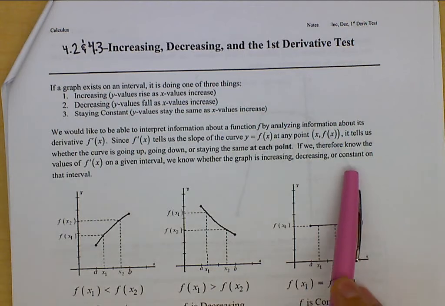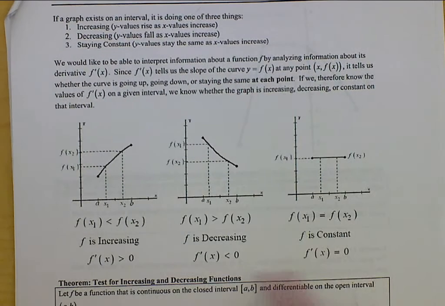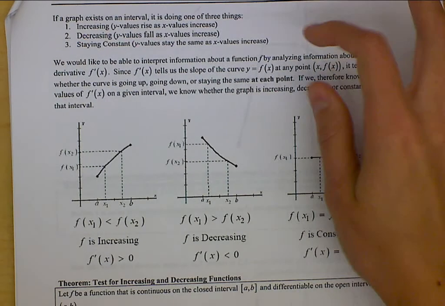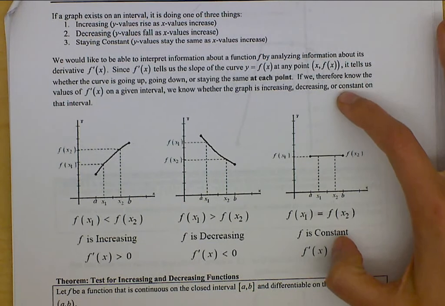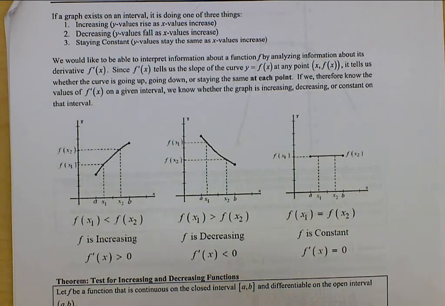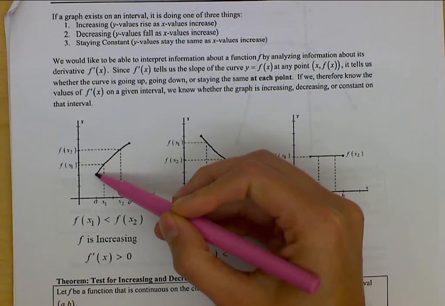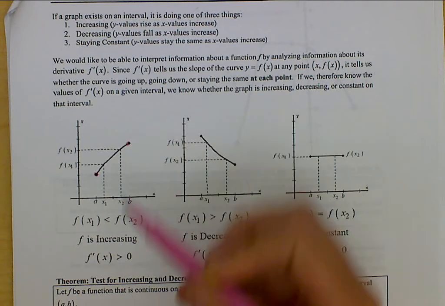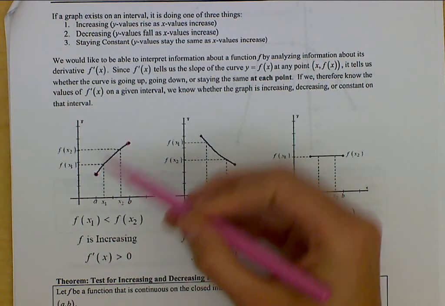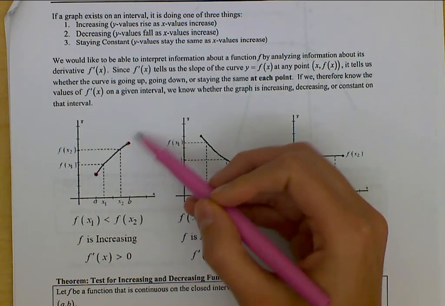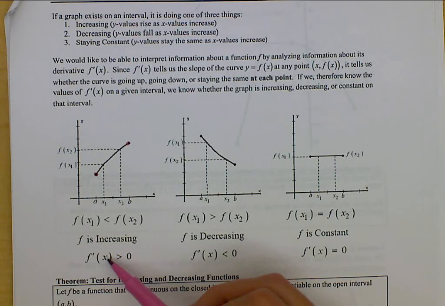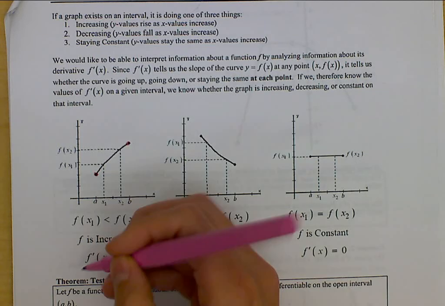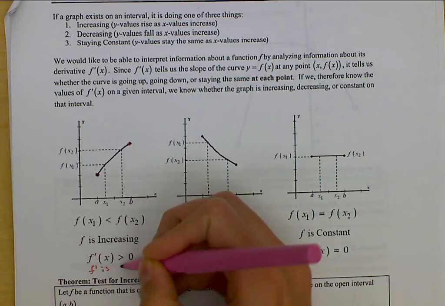So this is wonderful. It sums up this paragraph with images. If f of x1 is less than f of x2, then f is increasing. Clearly this is increasing, which means that the derivative is positive. So f prime is positive. It's bigger than 0.